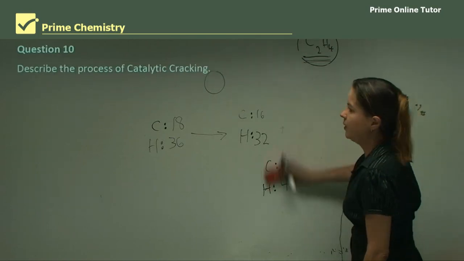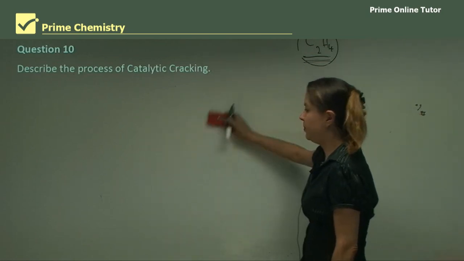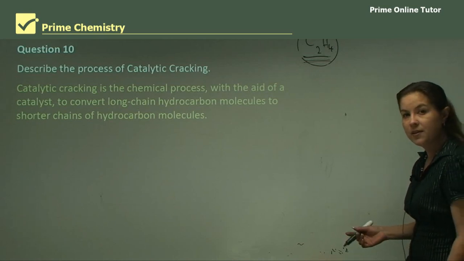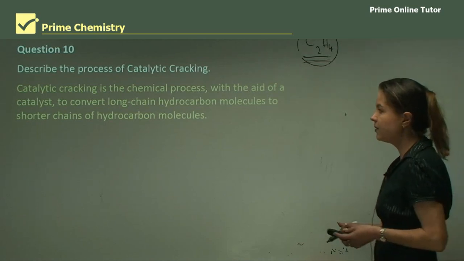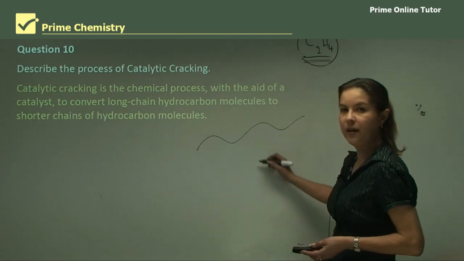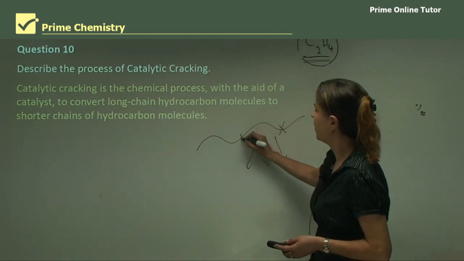And finally for today, question 10, describe the process of catalytic cracking. Now you should be experts by now at this one. So it's a chemical process. It uses a catalyst called zeolites, which is an aluminosilicate, to cut down longer chain hydrocarbons into shorter chain hydrocarbons.